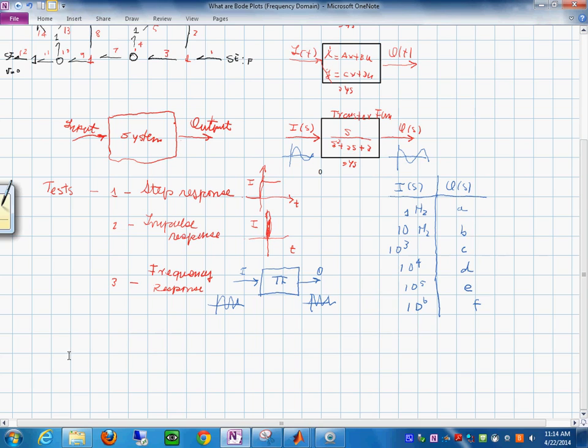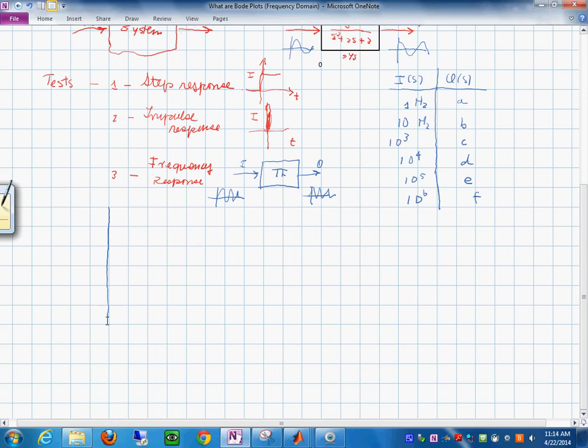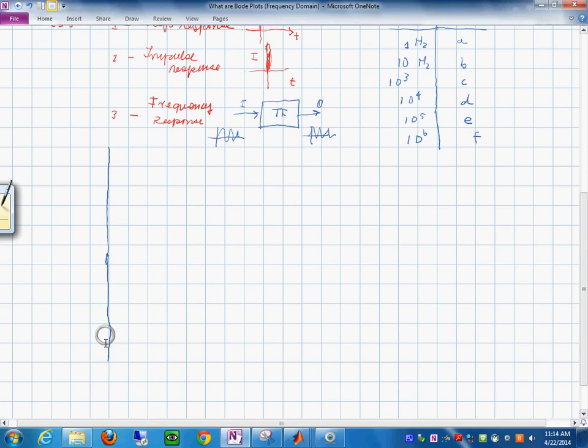So given this data, I can actually make a plot of the response of this. Let's go farther down in here, so that we have plenty of space. And in here I'm going to make a plot like this. I'm going to plot on the horizontal axis the frequency in hertz, okay?